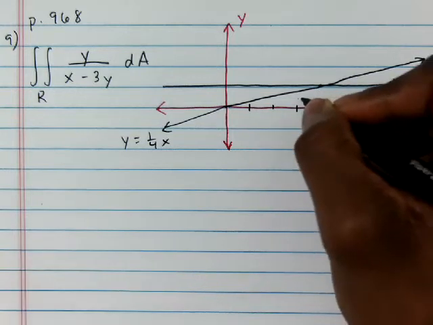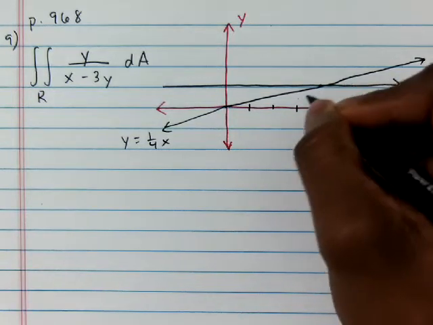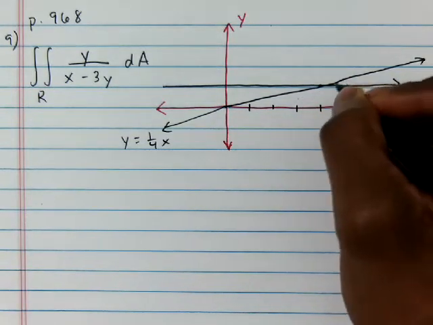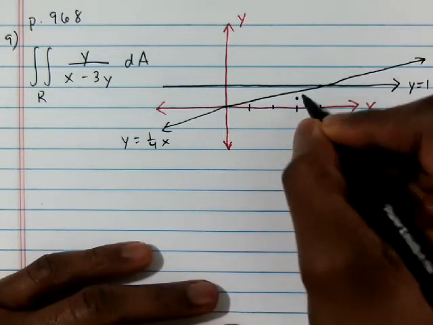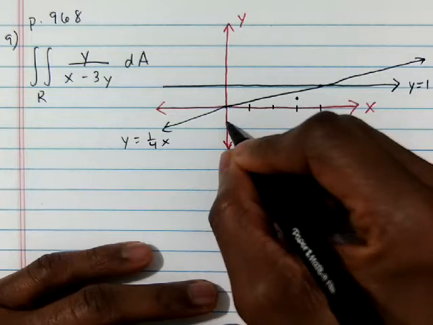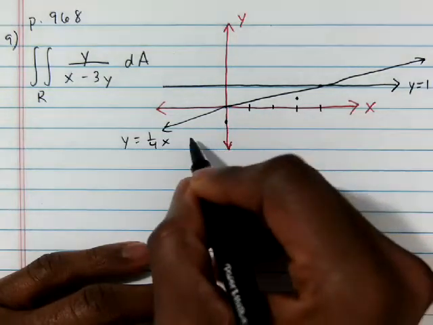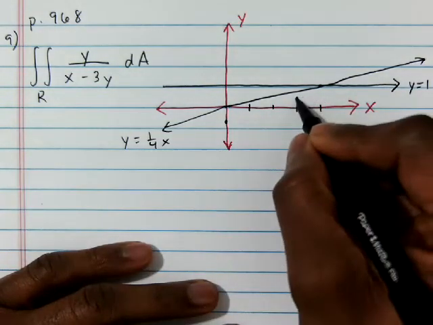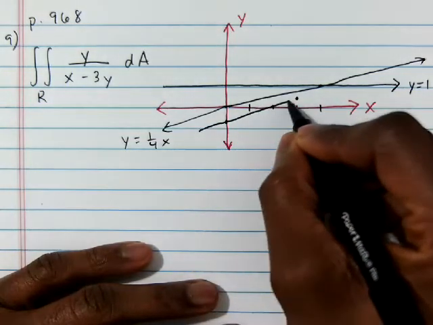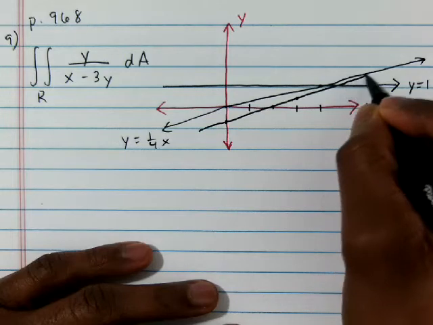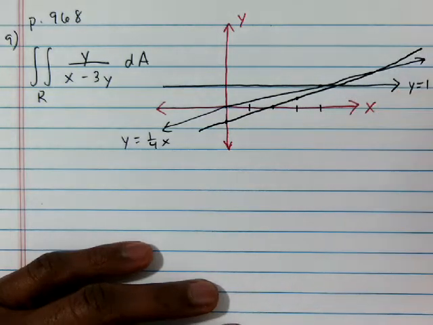All right, so I see what our region is going to look like, but I don't think I have enough space to actually make it turn out properly. Let's try. All right, so we're going to go through that point right there and that point right there. Sorry, because I'm drawing with markers.